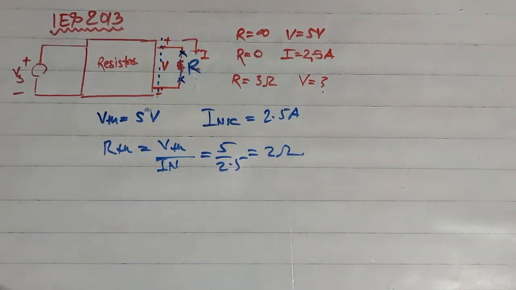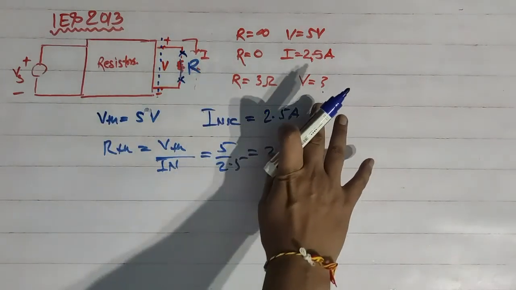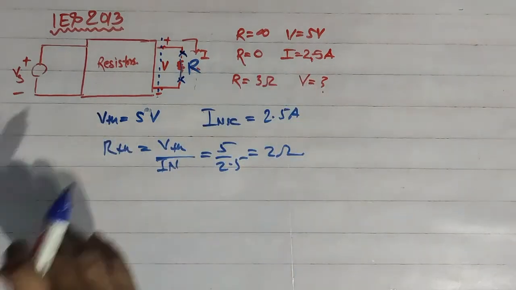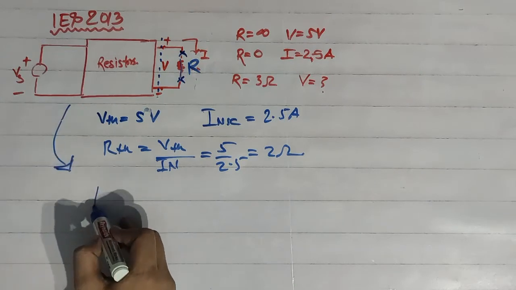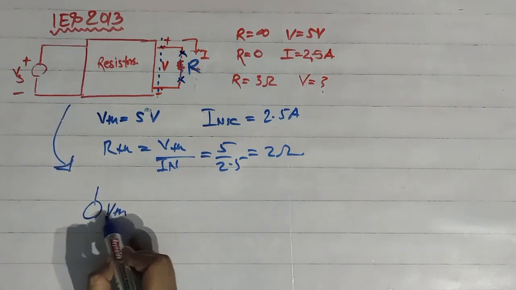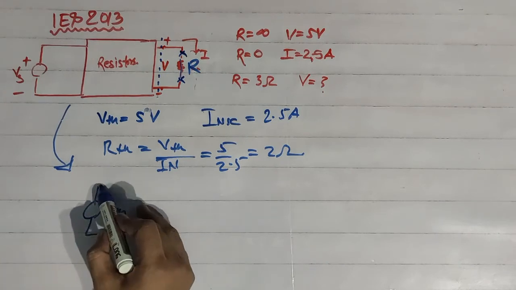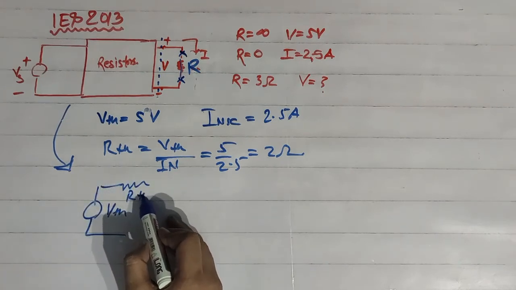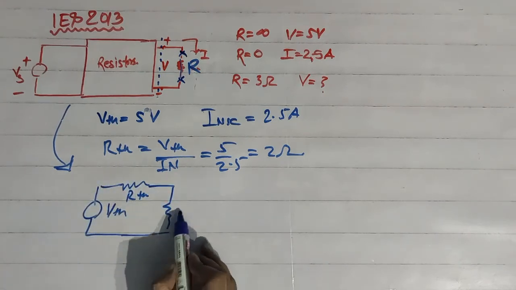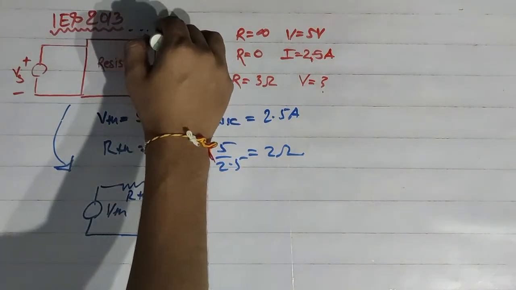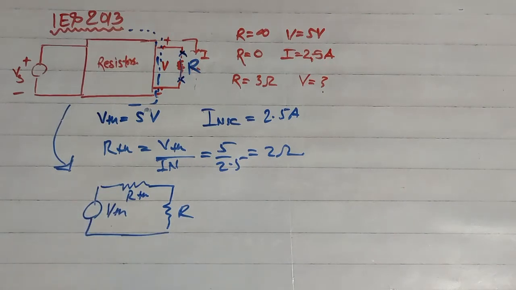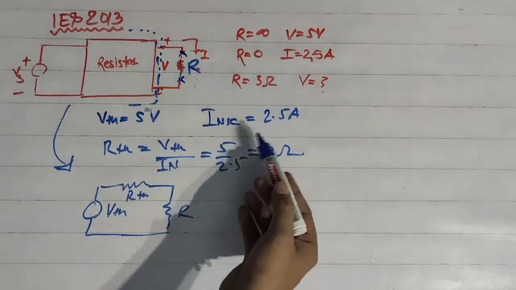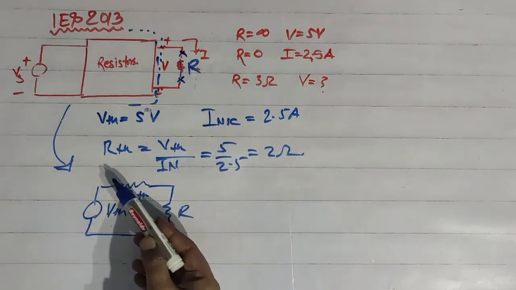Now when R is 3 ohm, in that case we have to find the voltage drop across this resistor. So this circuit can be represented as VTH connected in series with RTH, and this connected in series with this R. Here VTH is 5 volt and IN is 2.5, RTH is 2 ohm.